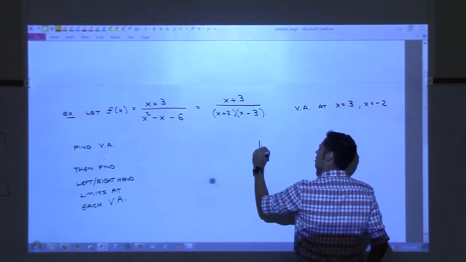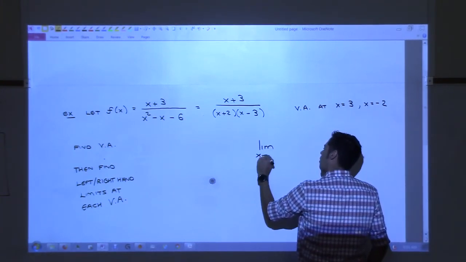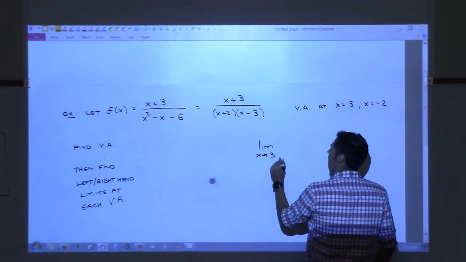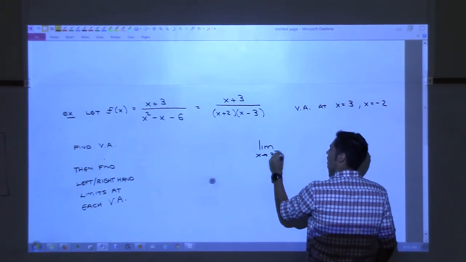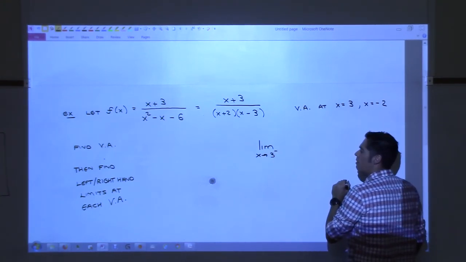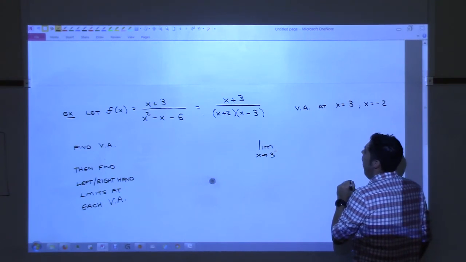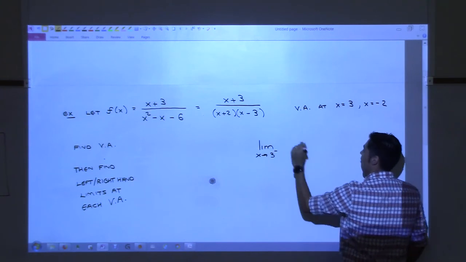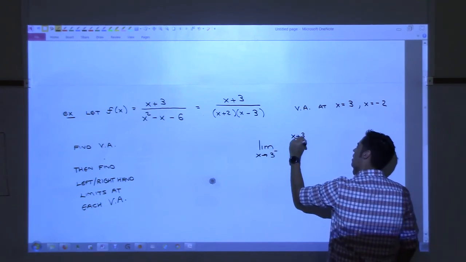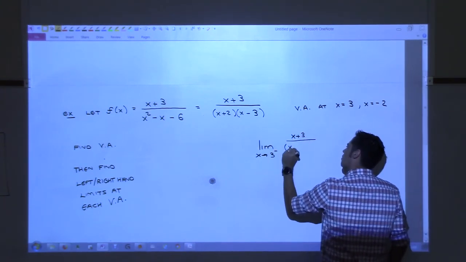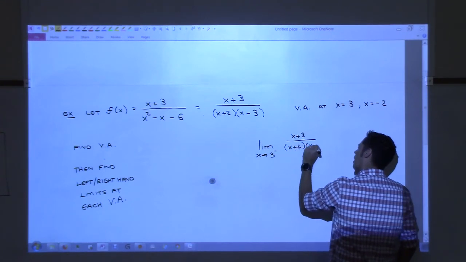What is the limit as x approaches 3 from the left of that function? X plus 3 over x plus 2 over x minus 3.